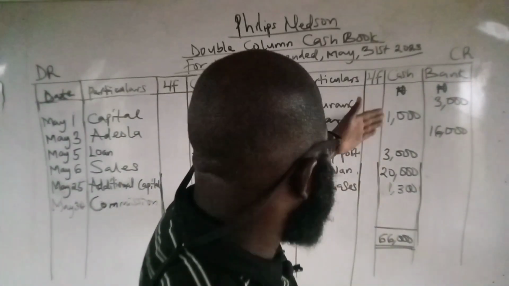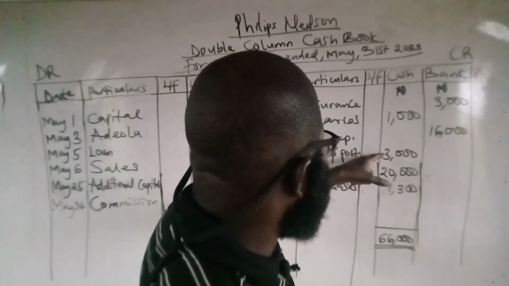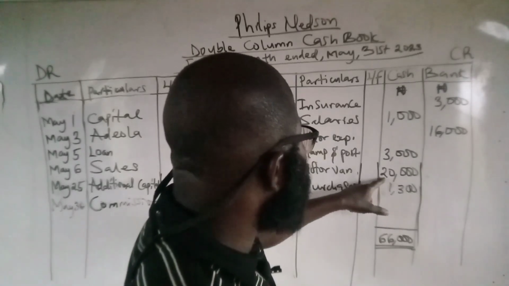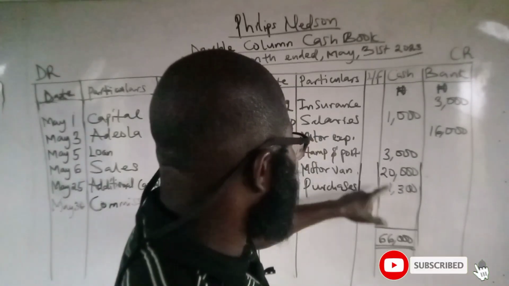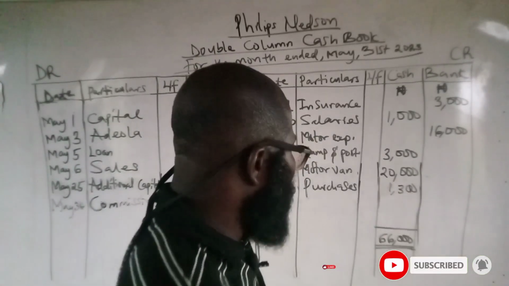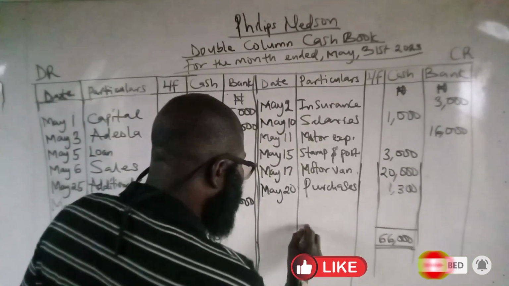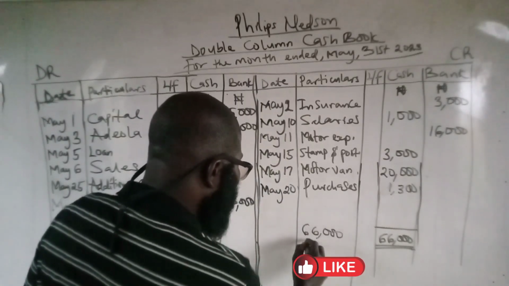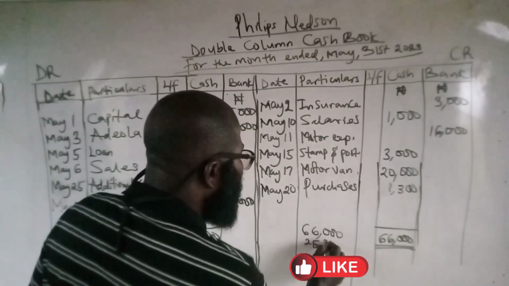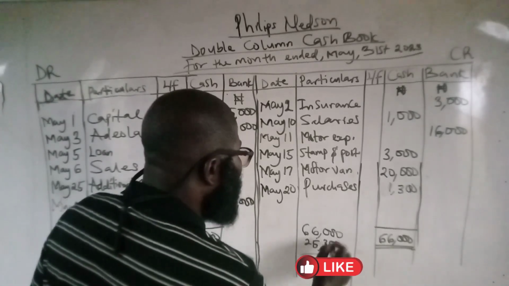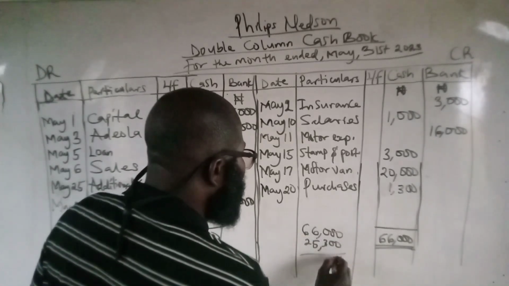Then you now come here, 1,000 plus 3, that should be 4,000. Plus this, 24,000. Plus this, 25,300. Then take away 25,300 naira. Take it away from 66,000.